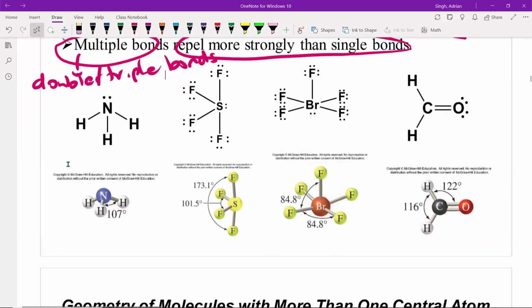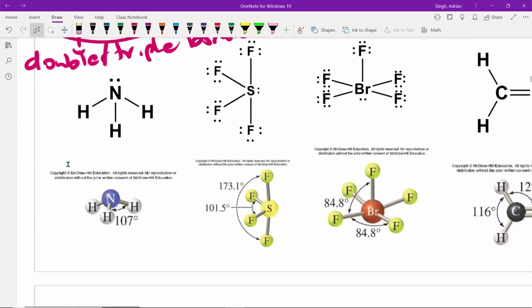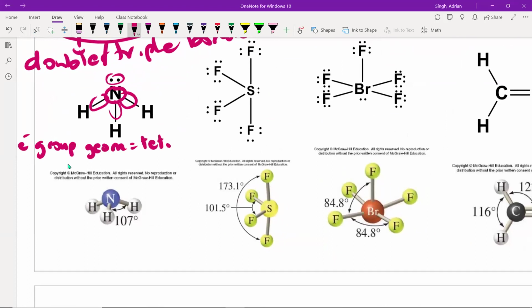All right. So let's take a look at some examples here. We had the structure of ammonia that we drew before. And we saw that ammonia, NH3, has a total of 1, 2, 3, 4 electron groups around it. And that electron group geometry will be tetrahedral. And if you recall, the bond angle in a tetrahedron is 109.5 degrees.